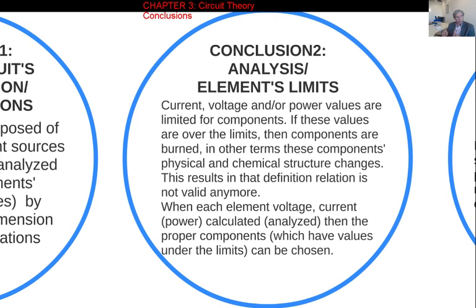If the power is more than 0.25 watts, means you are over the limit, because it says more than 0.25 watts power burns this resistor. So what you're going to do, you're going to go and look for a resistor which has a resistance value of 5 ohms, but the power limit is, let's say, 1 watt.